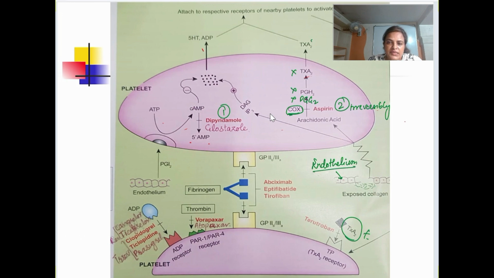The only difference is that within the endothelium, this cyclooxygenase is going to form prostaglandins G2 and H2, but in the endothelium, as I have already told you, there is prostaglandin synthetase. So what will be formed? Prostacyclin will be formed. In the platelet there is thromboxane synthetase, so thromboxane A2 is formed.